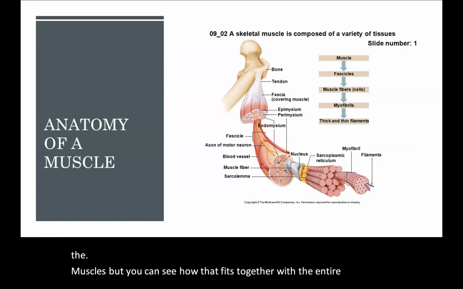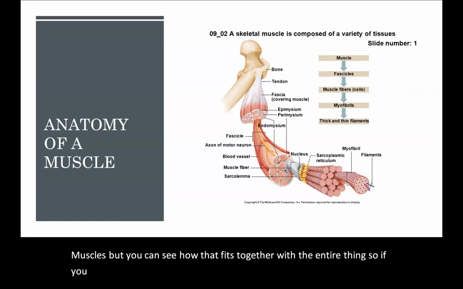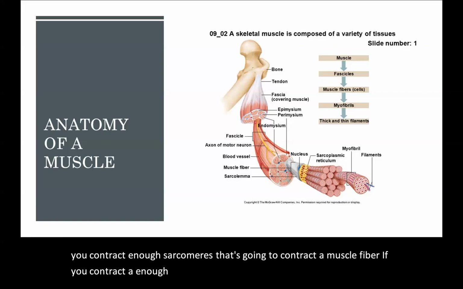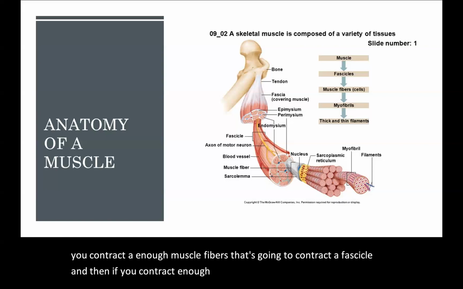So if you contract enough sarcomeres, that's going to contract a muscle fiber. If you contract enough muscle fibers, that's going to contract a fascicle. And then if you contract enough fascicles, that's going to contract the entire muscle.